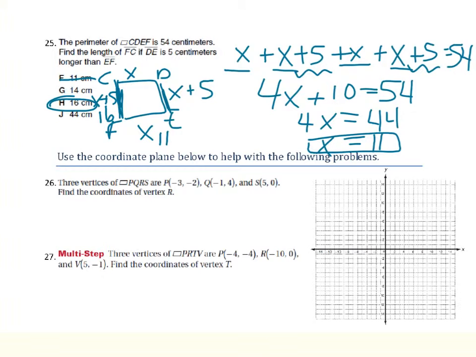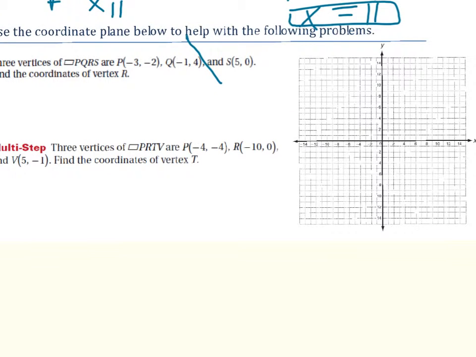27. Let me see if I can blow this up a little bit more. Okay, multiple step, 3 vertices of parallelogram PRTV are at 4, -4. So I'm going to try and plot this. 4, -4.